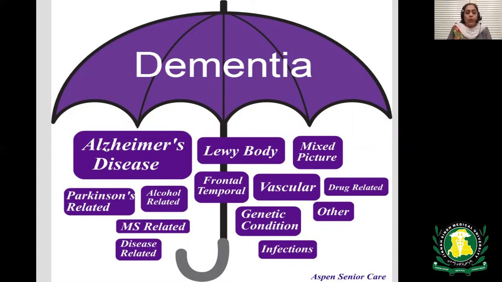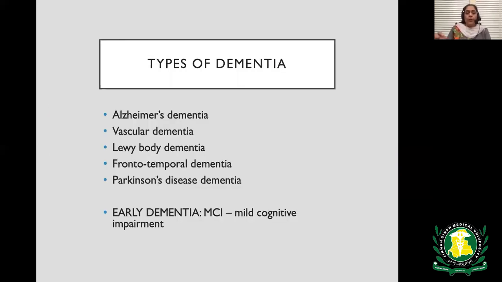So Alzheimer's disease being the most common, and the few others which are listed here are Lewy body dementia, frontotemporal dementia, vascular dementia, some drug-related dementia, Parkinson's disease-related dementia, alcohol-related, and infections-related dementia. And I'm going to talk a little bit about each type of dementia here.